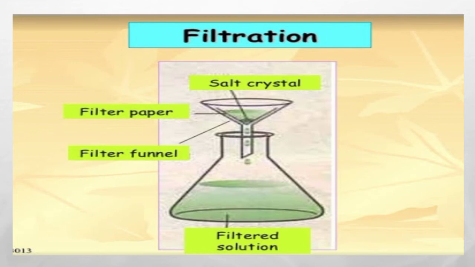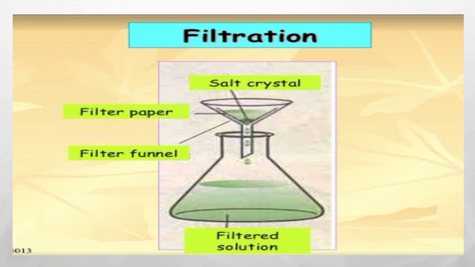In filtration, a solution containing insoluble substances is passed through a filter paper. On doing so, the liquid passes through the filter paper while the insoluble substance gets retained on the filter paper, means remains there only.